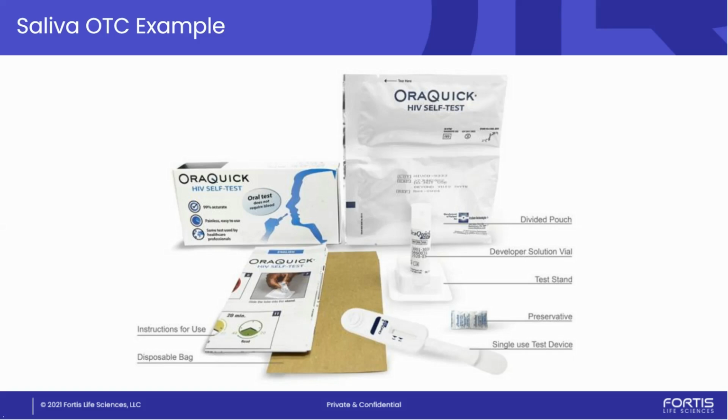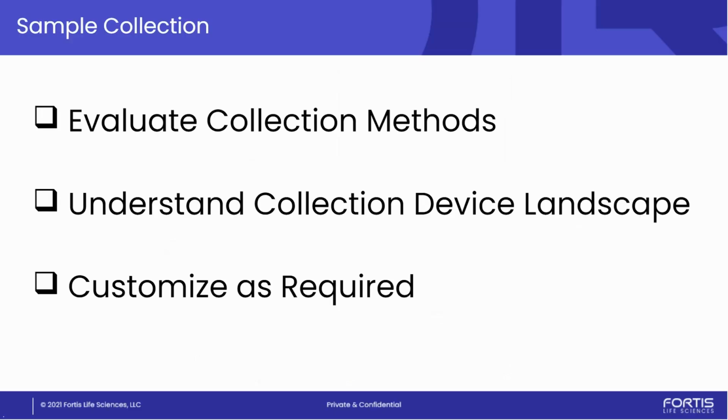And then in this case, to reduce the added steps to the end user, there is not a sample dropper tube that you have to move sample from place to place. It is collect and then drop in the vial. These are all the considerations really you need to think about before you start. So once you get started and focusing on the sample collection, there are 3 different considerations with regards to the sample collection.